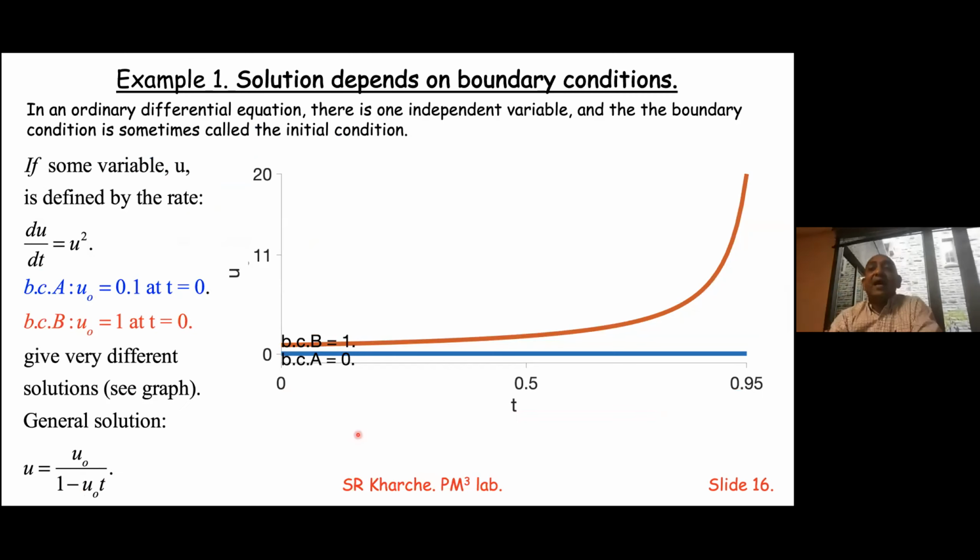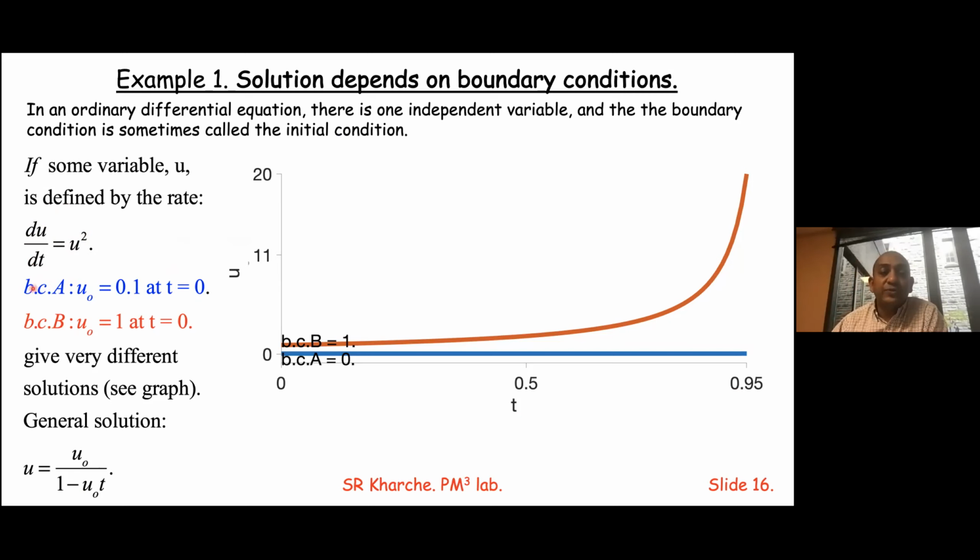Now, in this slide, I would like to show you an example of boundary conditions applied to a simple ordinary differential equation. The ordinary differential equation is written as du by dt, total derivative, equals something simple, u squared. So the rate of change of u is described very simply as u squared.